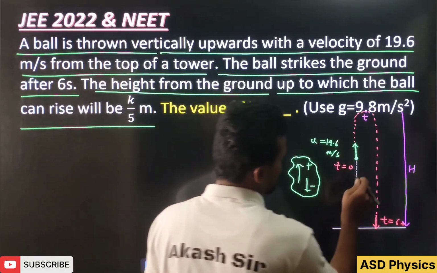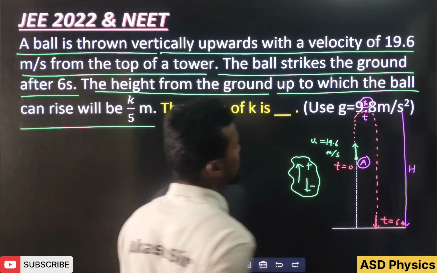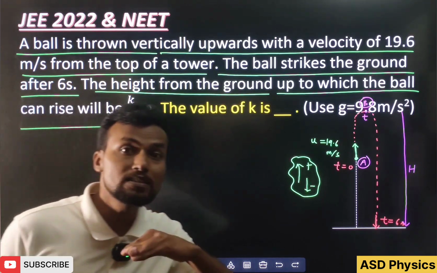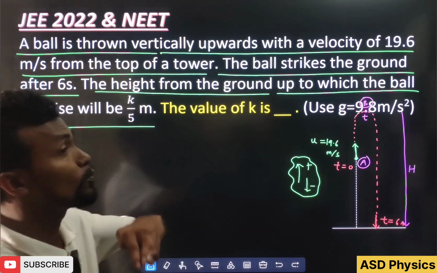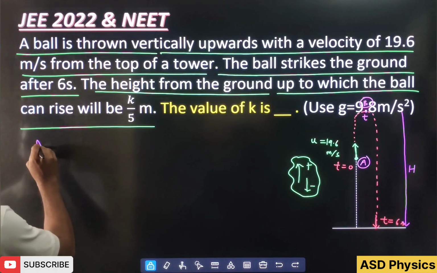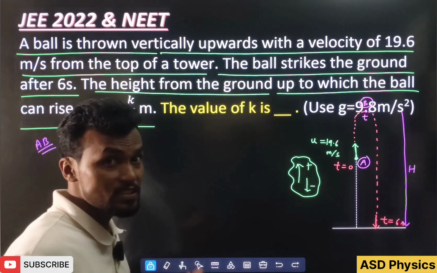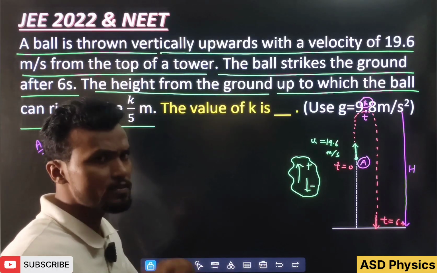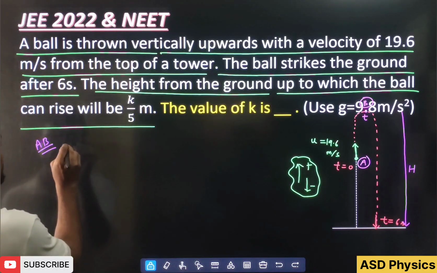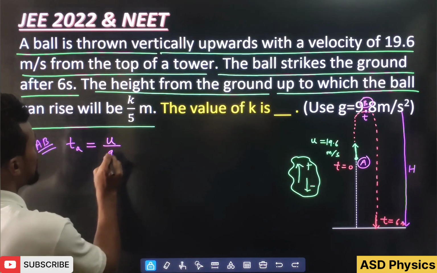So let's take this is point A and this is point B. So A to B, the ball is going in which direction? Upward direction. Okay. So when we use the equation of motion from A to B, which equation? The time we have to calculate now, we have to use the second equation, and that is called directly, I'm writing here the formula, the time of ascent. It is given by u by g.